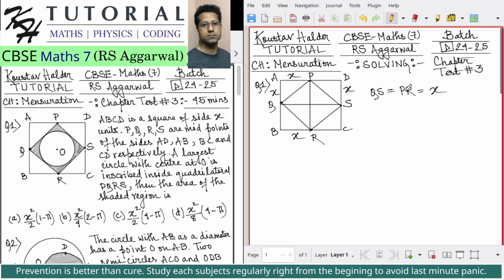Okay. Now there is a circle. A largest circle is drawn, or inscribed, inside the square PQRS.